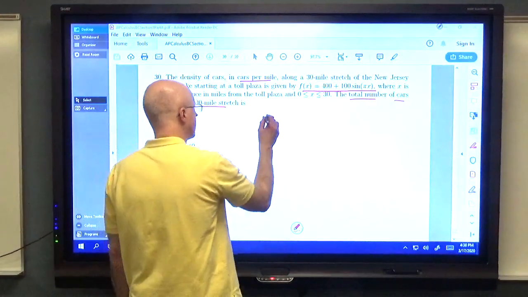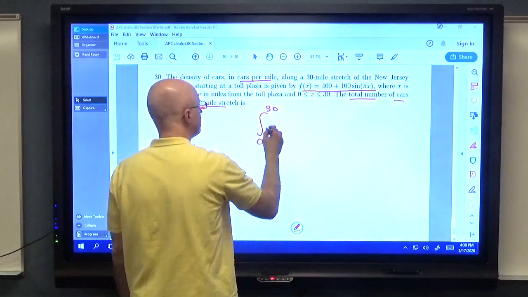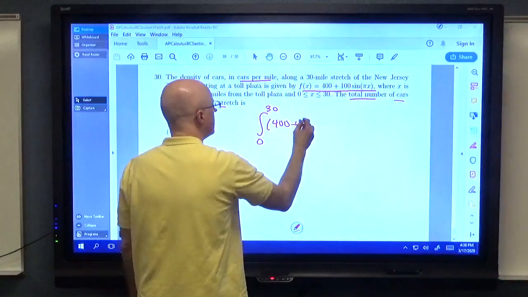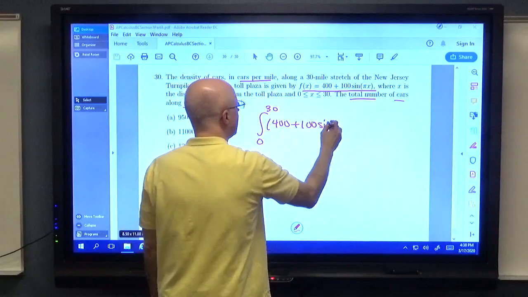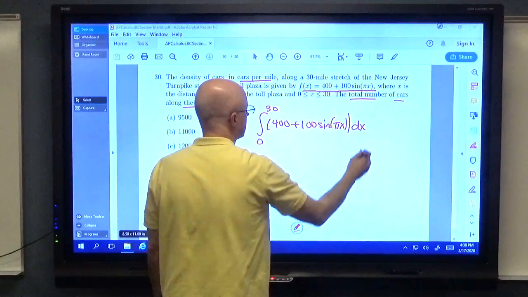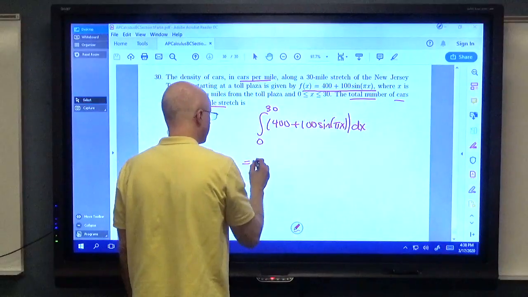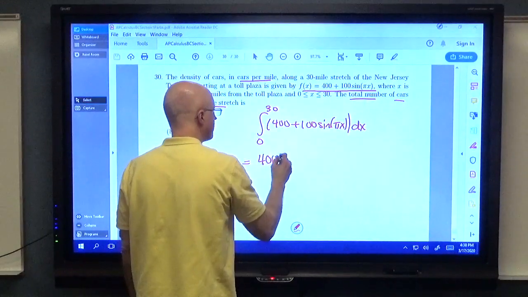So the answer is to integrate that function, integrate the density over this domain from 0 to 30. And the part involving the sine is actually going to integrate to 0. When you find the antiderivative, you'll get 400x.